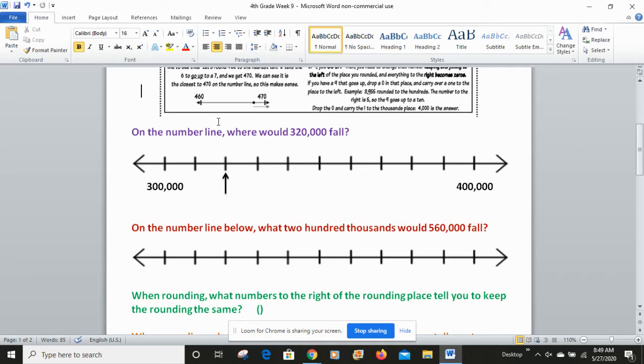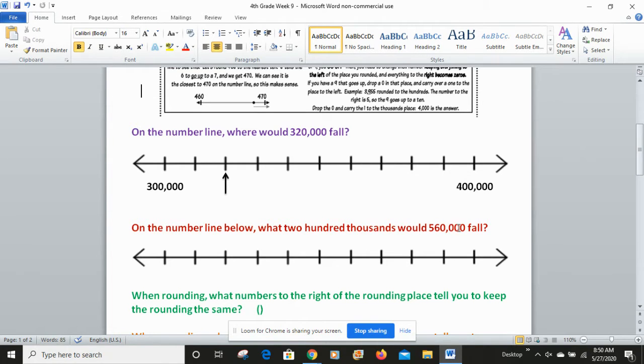Now on this particular number line, I gave you the 100,000s that this would fall in between. Here I'm giving you the number and I'm asking you what would be the starting and the end point. So sometimes if I have a big number, I'll make it a little bit smaller.